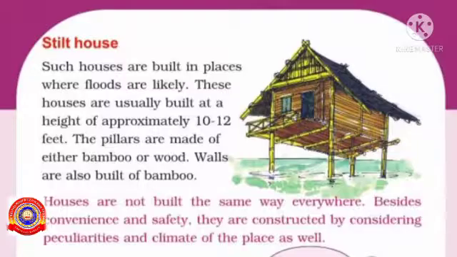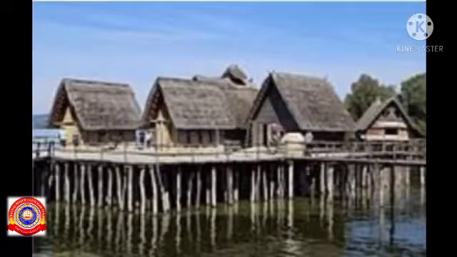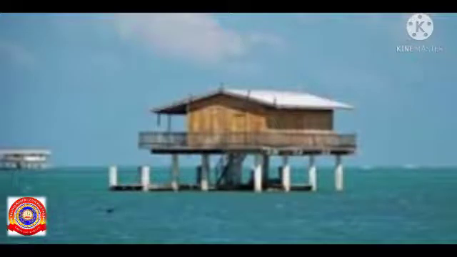Okay, so the next one is stilt house. Stilt houses are the houses built over the surface of the soil or a body of water. These stilt houses are built mainly as a protection against flooding.